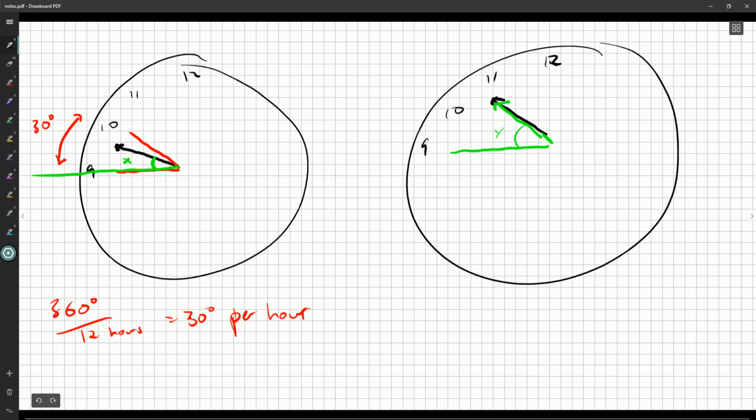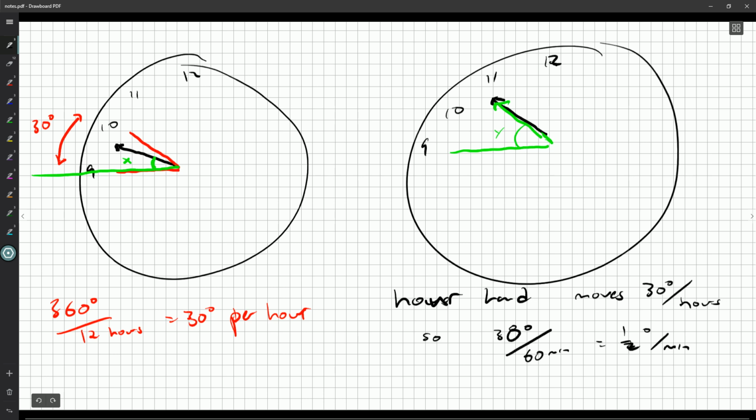So we could say something like the hour hand moves 30 degrees per hour, and so it moves 30 degrees in 60 minutes, so it moves half a degree per minute, whereas the minute hand moves a full 6 degrees per minute.